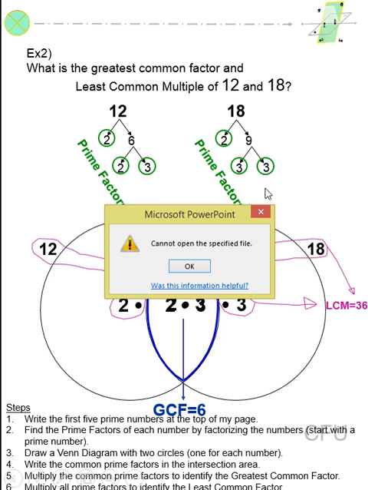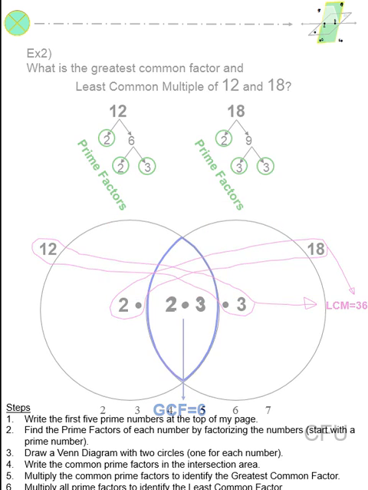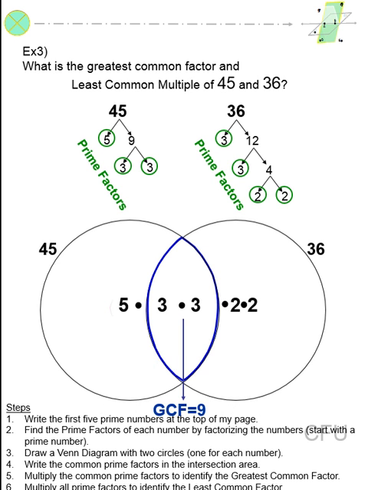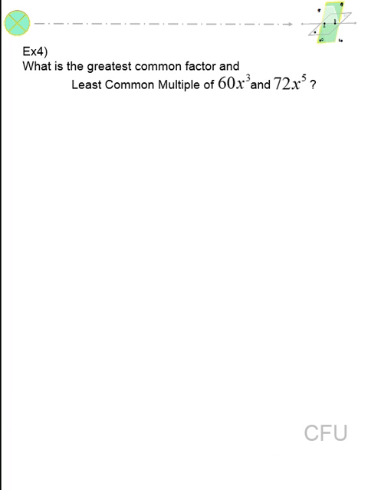Example 4. Copy this one. Example 4 is 60x cubed and 72x to the 5th.